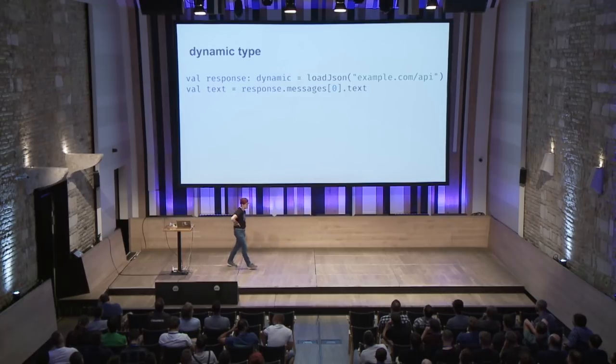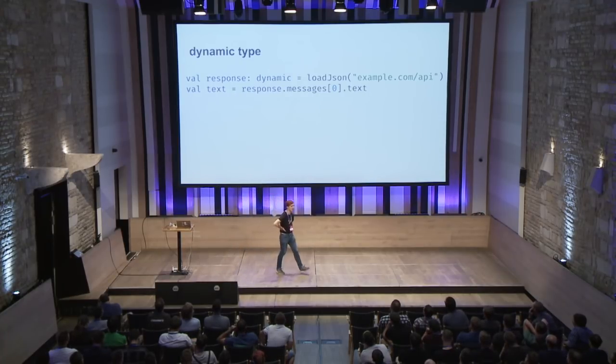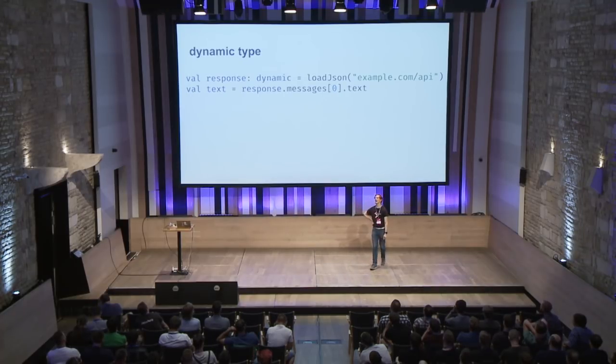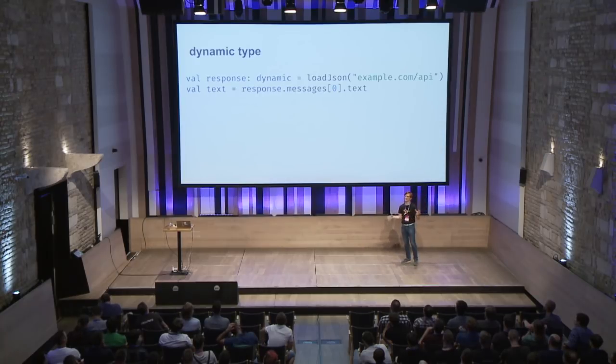And the second possibility that you have for accessing JavaScript native stuff is to use a dynamic type. This dynamic type is a feature which is specific to Kotlin Js. So this is another platform-specific language extension. And basically what this allows you to do is to say that, OK, this is an object, let me do whatever I want with it. So it's just a JavaScript object.